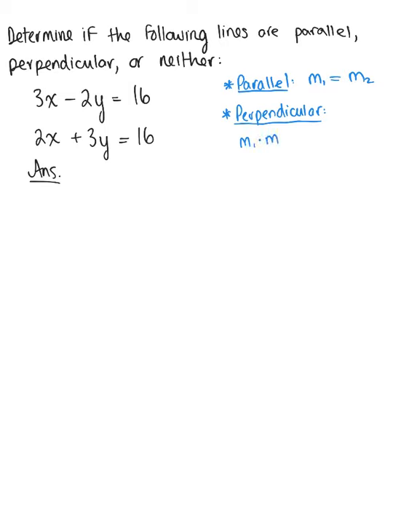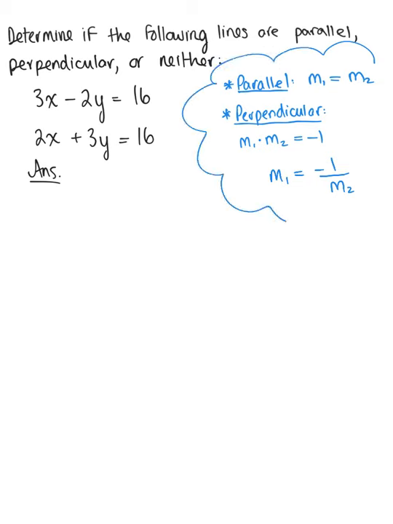So if the slope of the first line multiplied by the slope of the second line equals -1. An alternative way to think about it is that the slopes are negative reciprocals of each other. So these are the two things that we're looking for in these given lines here.